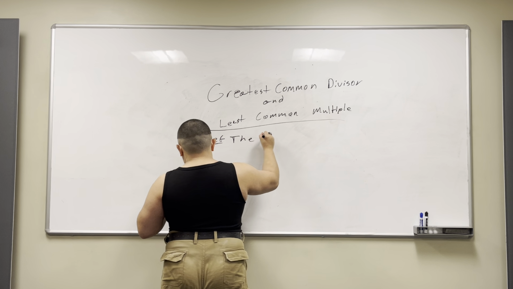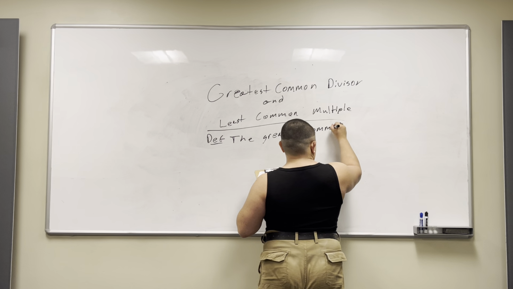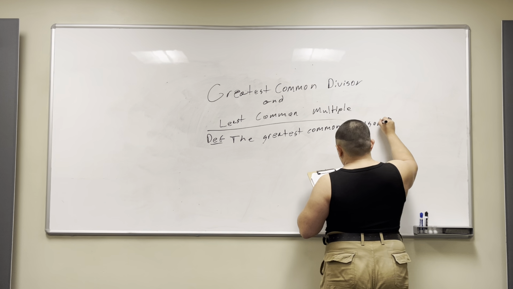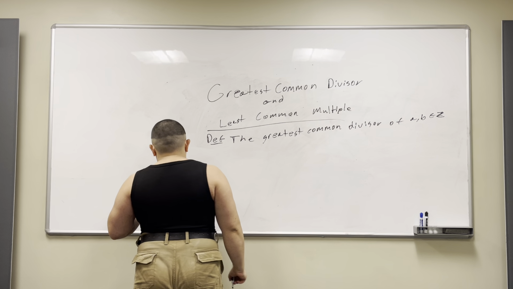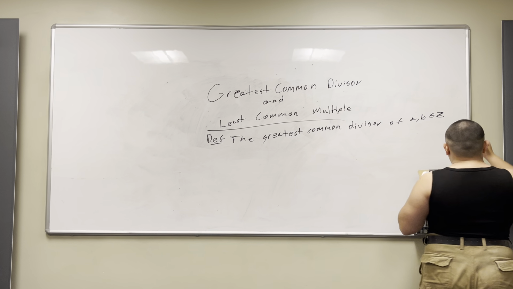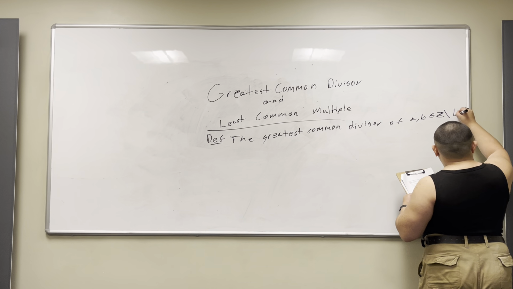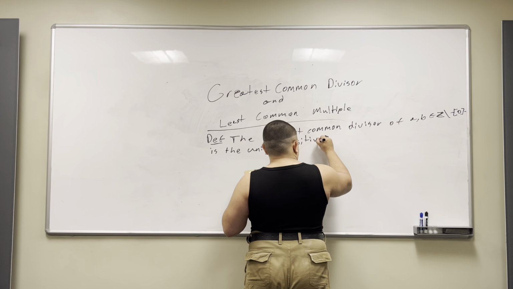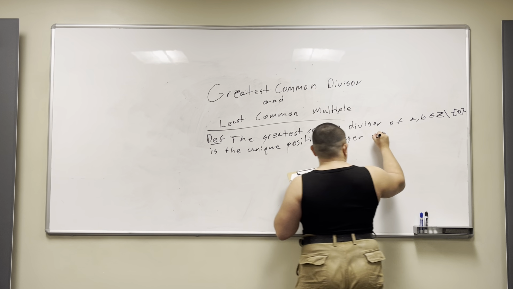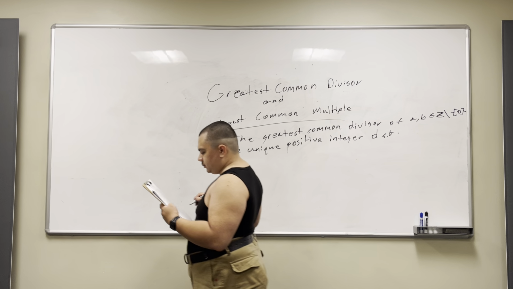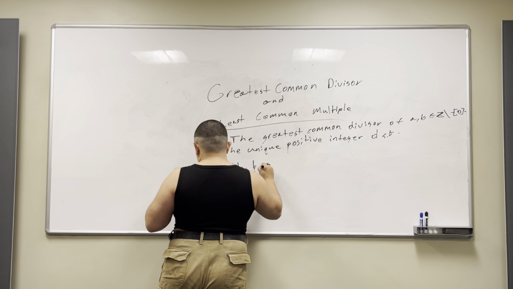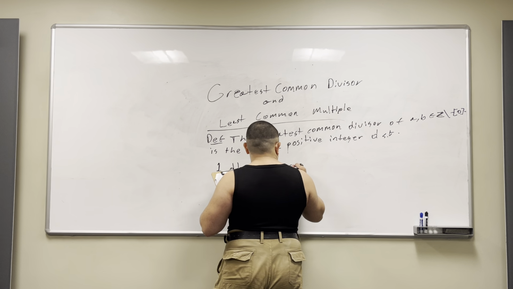The greatest common divisor of elements a, b within the integers, with the exclusion of 0, is the unique positive integer d such that d divides a and d divides b, hence the common divisor part.